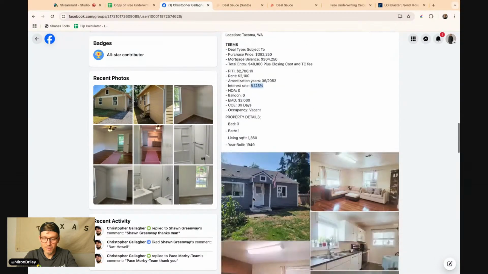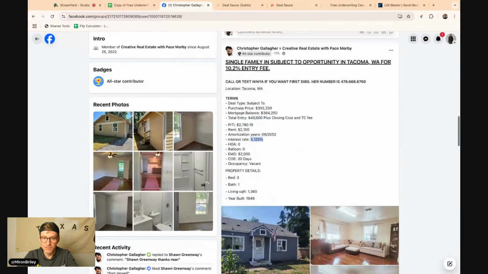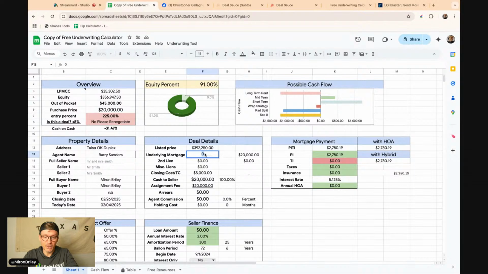That's pretty low. Let me text her for the address. Okay, the mortgage balance is $364,250, so we'd put that right there.